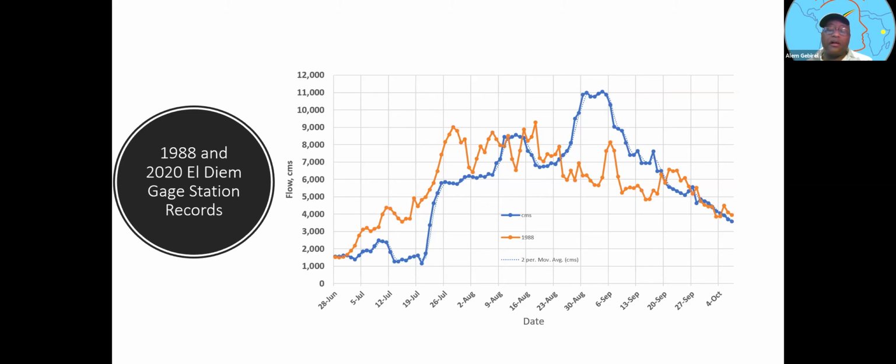The 1988 inflow at LDAM is also shown. It's the highest. The 2020 flood came late in September. Actually, it also had a double peak in August, above 8,000 CFS. I think during this time it receded and came back again based on the rainfall amount in the watershed. Let's go to the next slide.